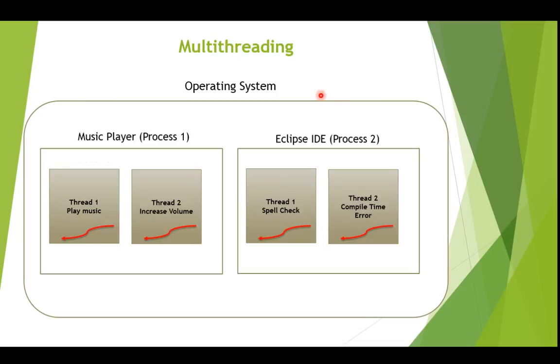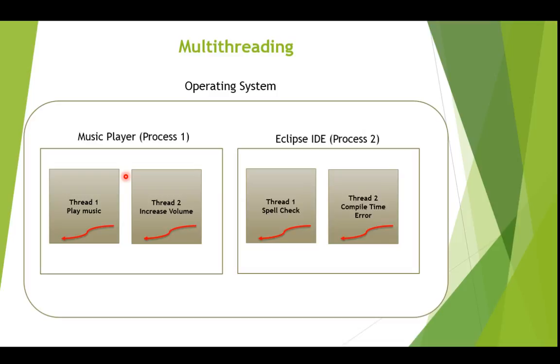And in multithreading, we can see that there is process 1, that is a music player, and process 2, that is Eclipse IDE. A process in multithreading can have more than one thread, but a process has at least one thread.